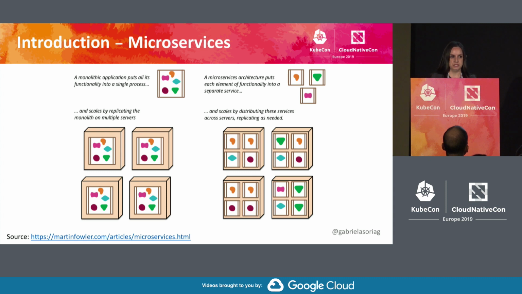So, a brief introduction about microservices. This Martin Fowler's image is probably one of the most famous images about microservices and helps to show the big differences between a monolithic application and one microservice application.